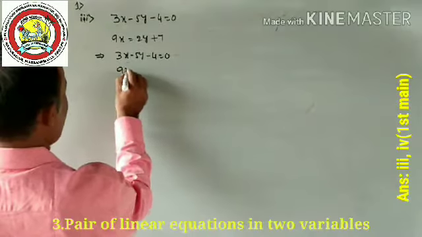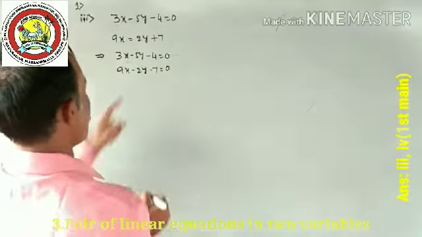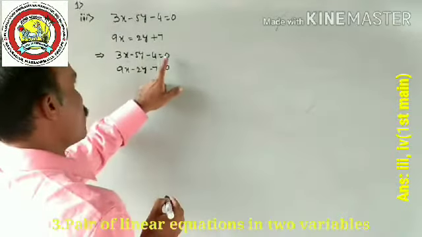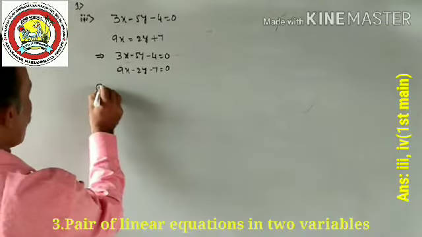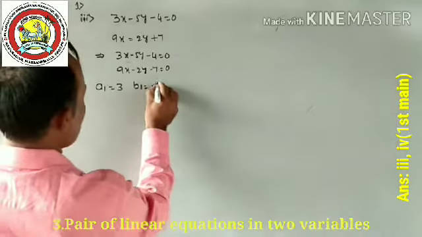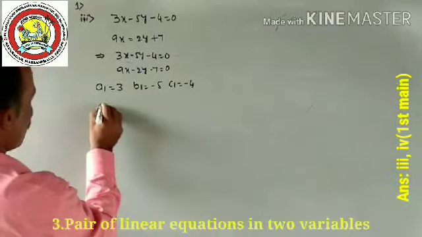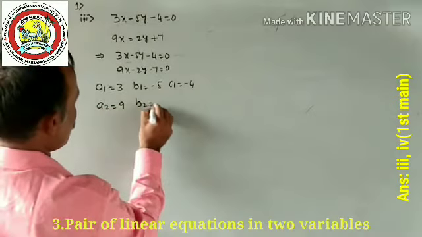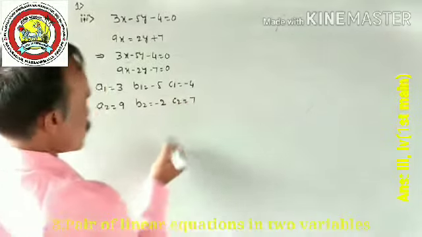Second one, 9x minus 2y minus 7 is equal to 0. So a1 is equal to 3, b1 is minus 5, c1 is minus 4. a2 is equal to 9, b2 is equal to minus 2, c2 is equal to minus 7.